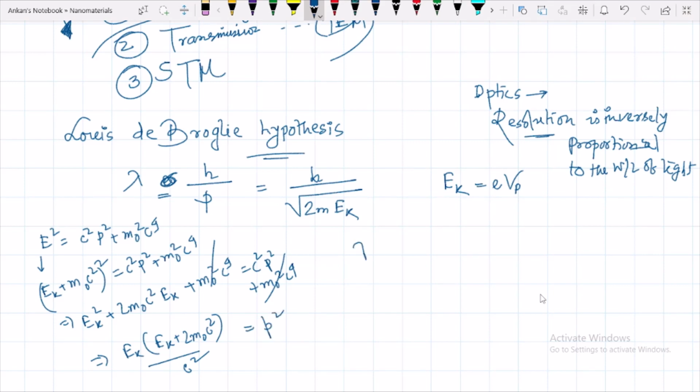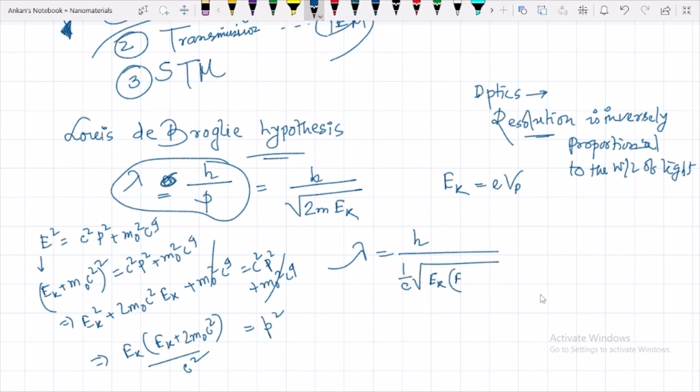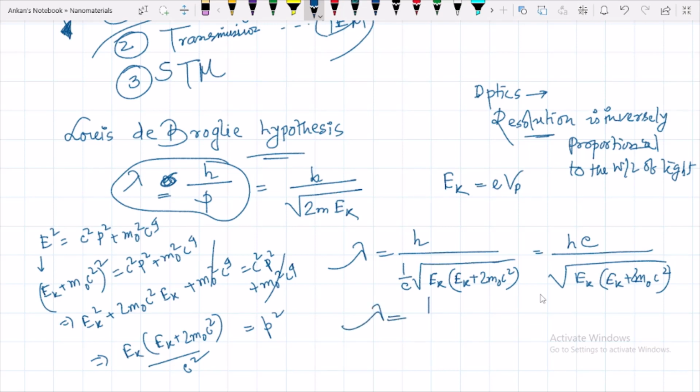So from this we get lambda equal to h by p, which is hc divided by root over Ek into Ek plus 2 m naught c squared. By putting in the values, we get lambda equal to 1.23 divided by root Vp nanometers.